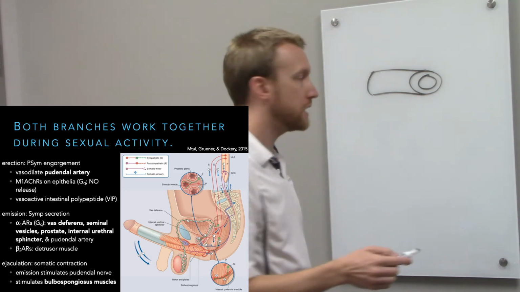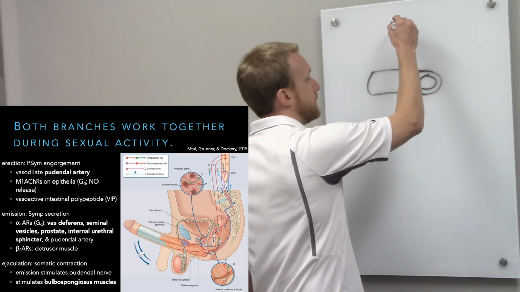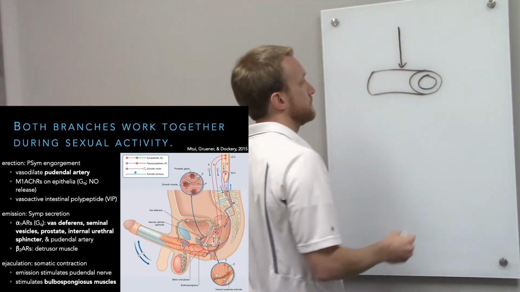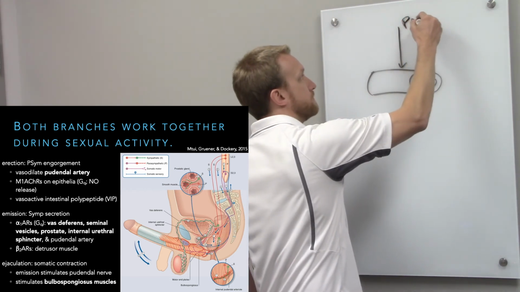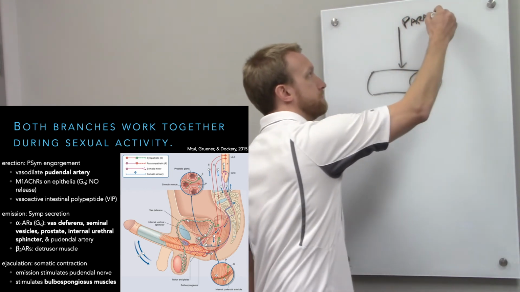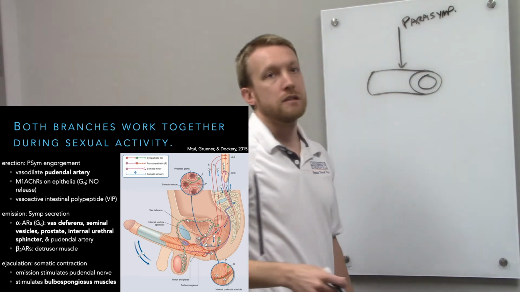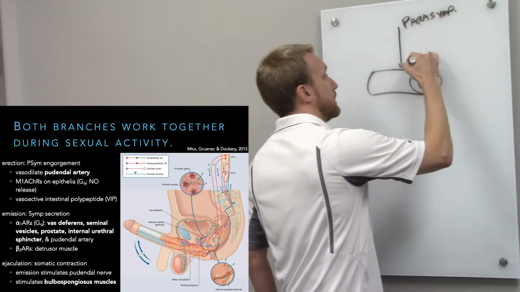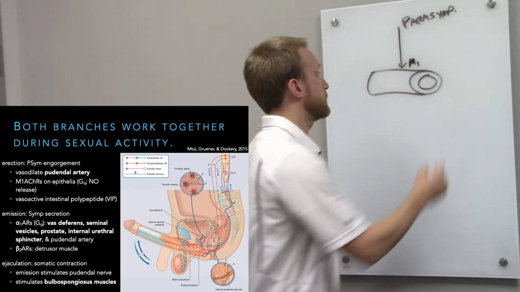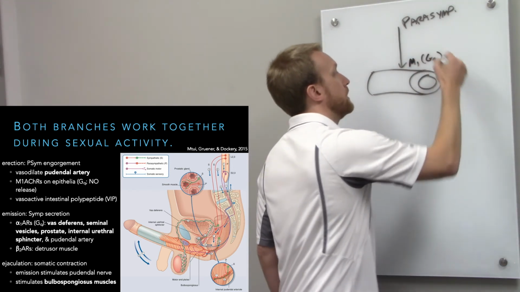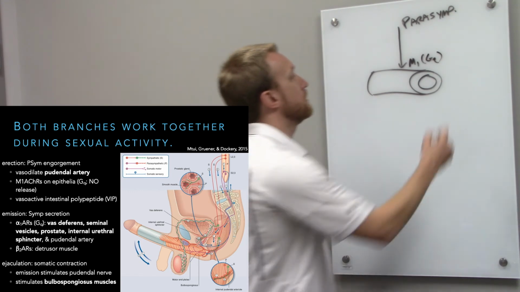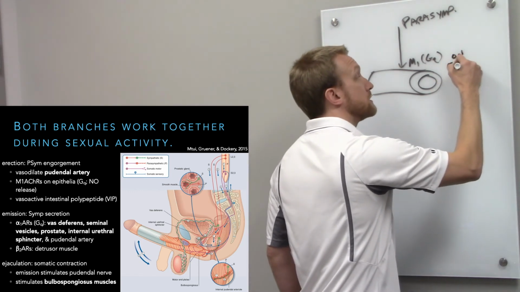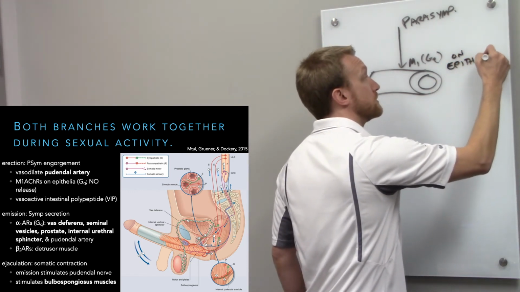The parasympathetic input acts on the epithelial cells. So the release of acetylcholine acts on muscarinic receptors, in this case M1. Those are of course Gq. This is not on smooth muscle, this is on the epithelial cells.